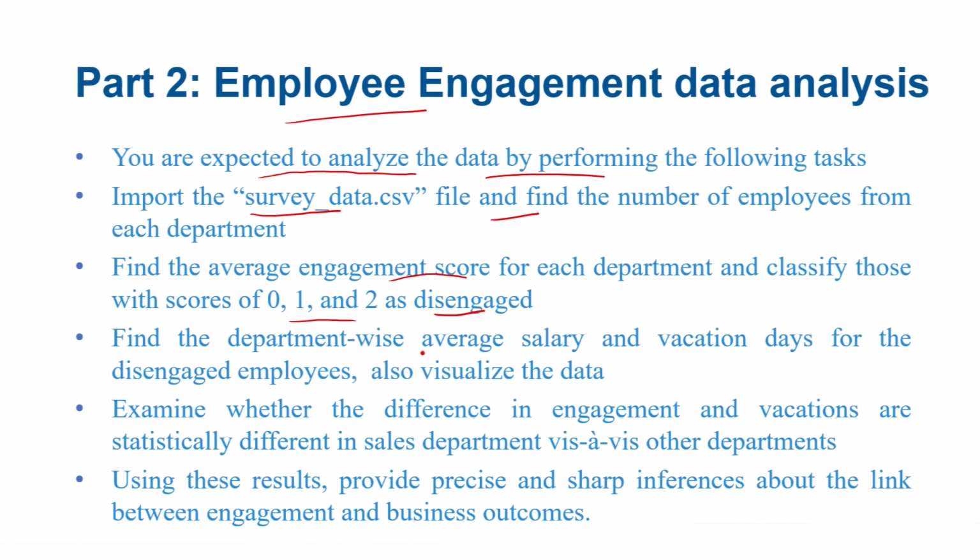We'll find the department-wise average salary and vacation days for the disengaged employees and also visualize the data. Next, we'll examine whether the differences in engagement and vacations are statistically different in the sales department vis-a-vis other departments. Lastly, using these results, we'll provide precise and sharp inferences about the link between engagement and business outcomes.